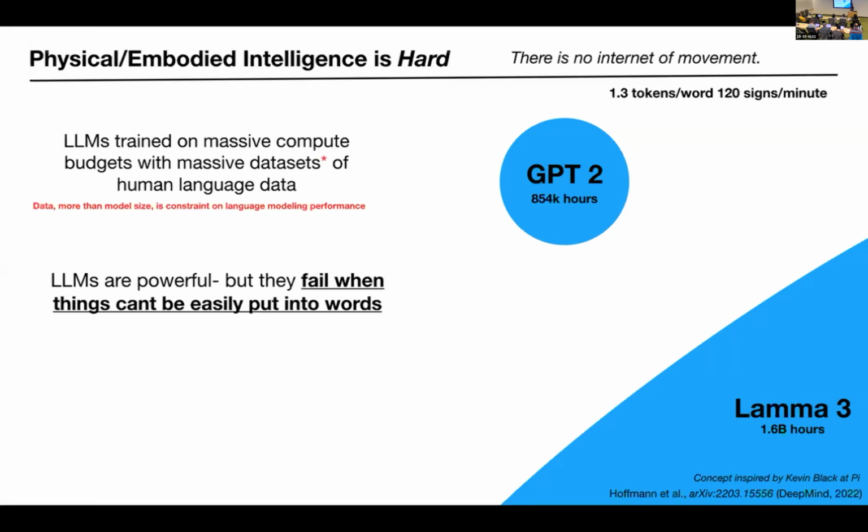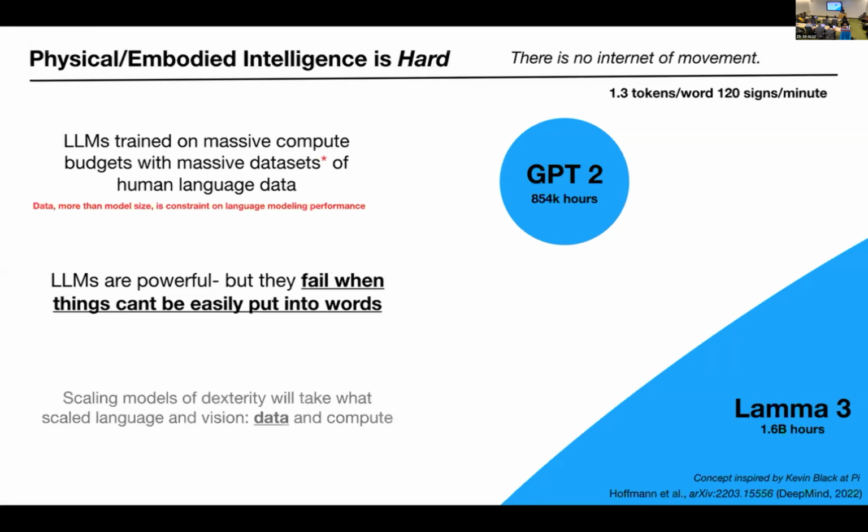For American Sign Language, we can sign about 120 words per minute. So to reach a GPT-2 level corpus, it would take about 900,000 hours of continuous signing. If you were trying to train a more frontier model like Llama 3, released by Meta last year, it would be about 1.6 billion hours of signing. This is just a crazy amount of data. We don't even know how to capture this kind of data.